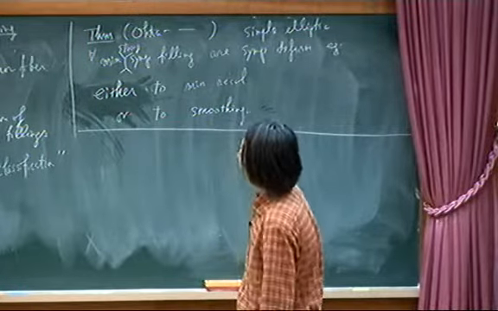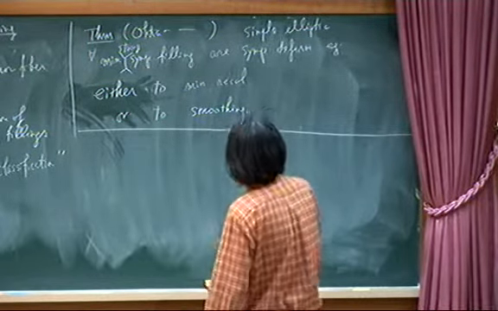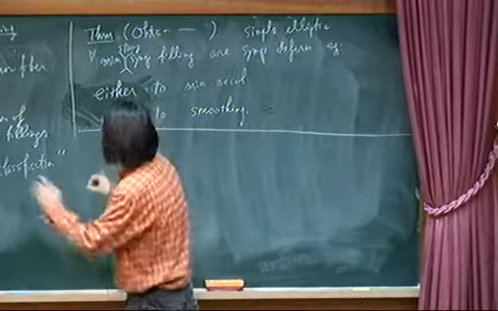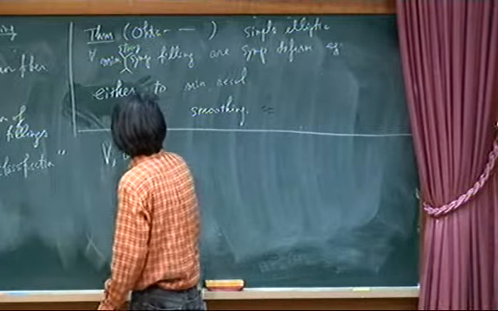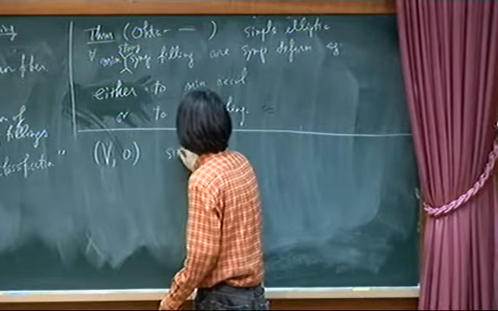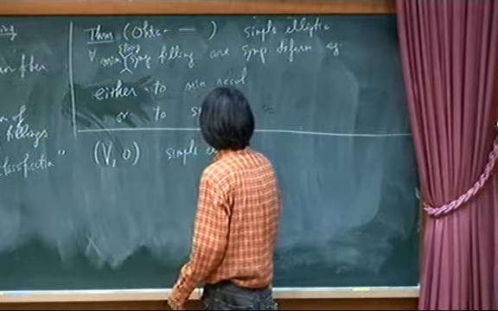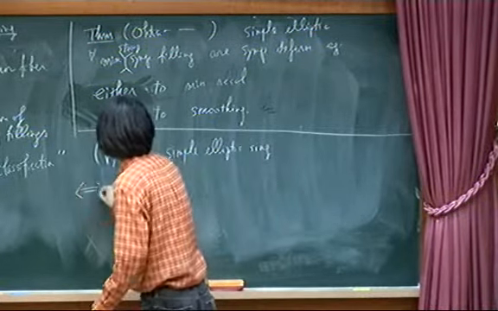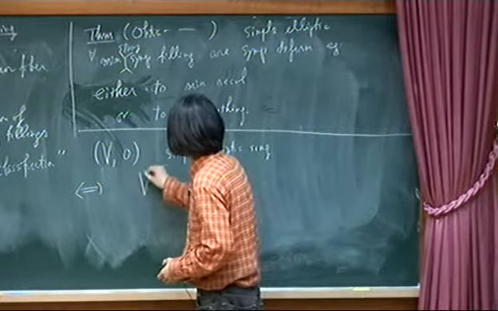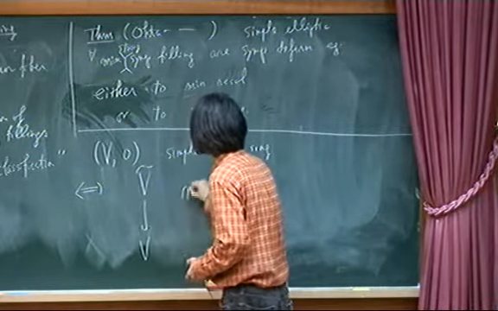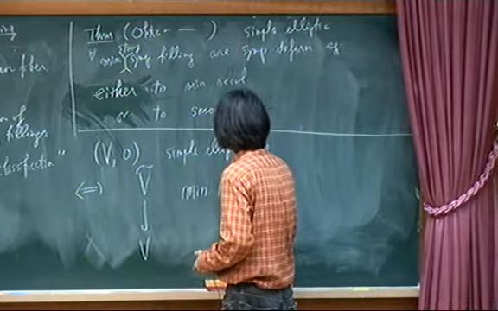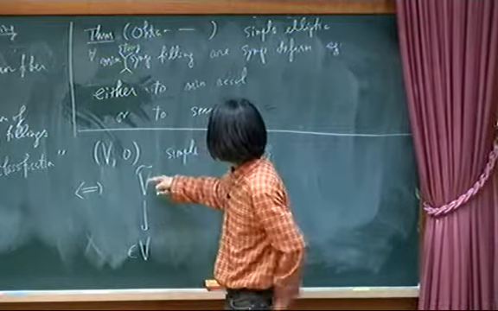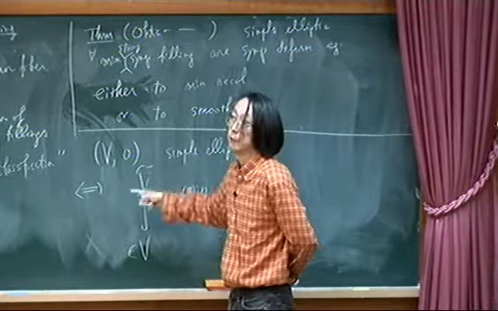One more thing is that this one actually tells us the following. Maybe I have to tell you what an elliptic singularity is. V is called a simple elliptic singularity if its minimal resolution has an exceptional divisor which is just one elliptic curve.